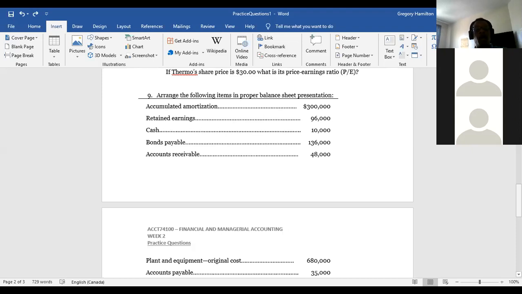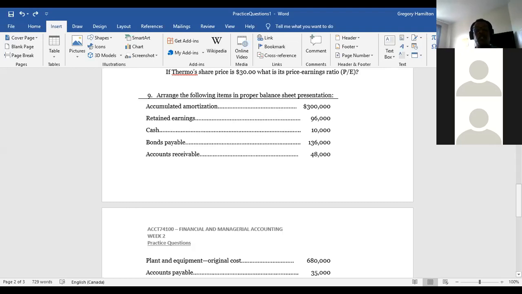Because in this format of a balance sheet, we generally list assets based on their original cost. So if your asset was purchased for $1 million, that's what would be listed in the balance sheet, $1 million. From that $1 million, we would then have a net amount, after taking out the amortization.